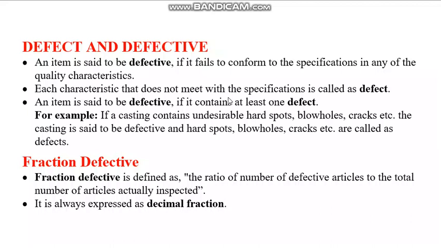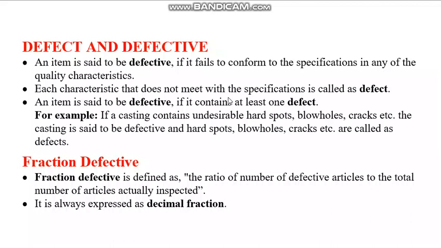An item is said to be defective if it fails to conform to the specifications in any of the quality characteristics. Suppose there is a shaft, it should have a certain diameter and a certain length. These are two quality characteristics.